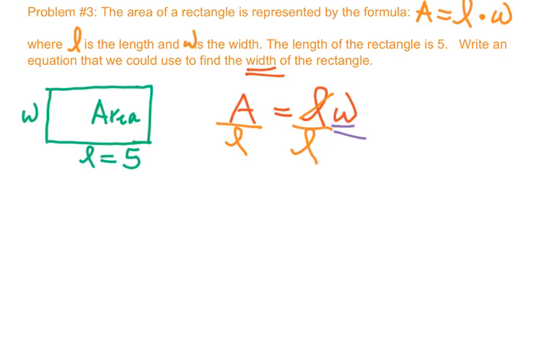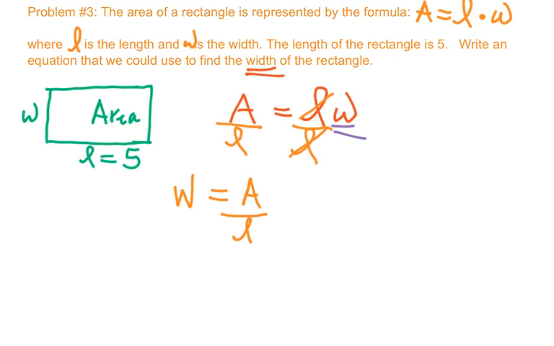L divided by L is 1 W. And on the left-hand side, I have A divided by L. Therefore, I could write the following, and you're going to see me rewrite this to put W on the left. I'm going to write that W is equal to A divided by the length, which is L.